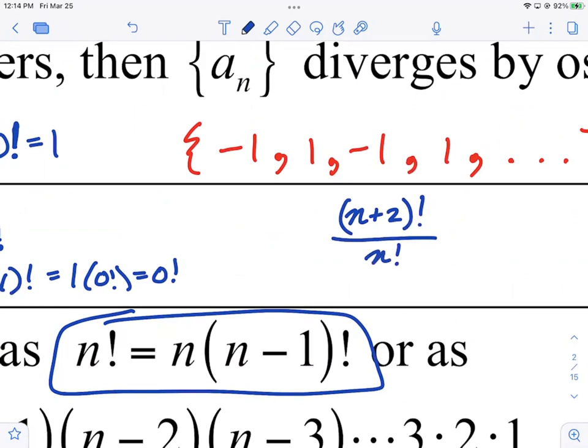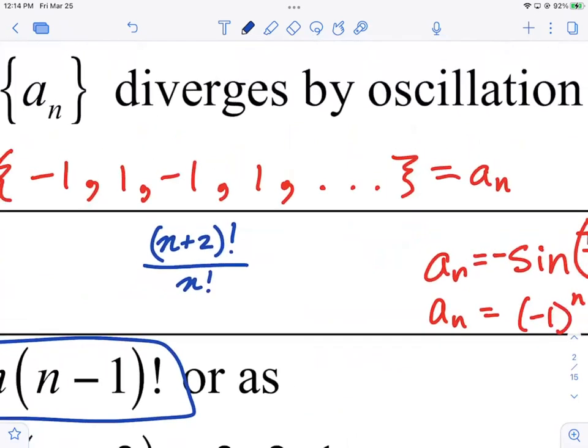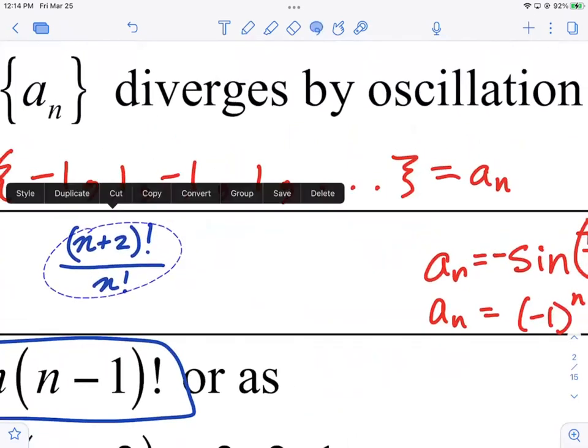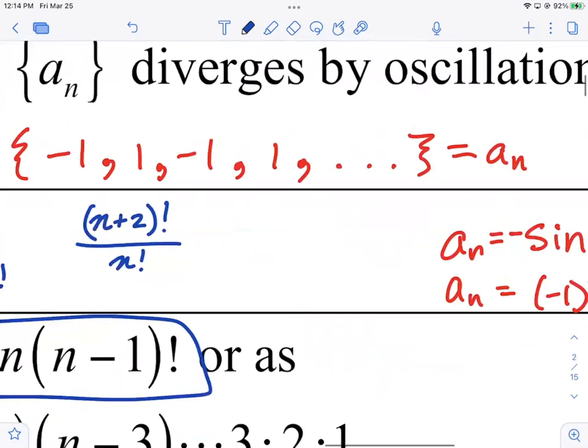The way we do this is we start with the larger of the two, which is the numerator. n plus 2 is bigger than n when n is a natural number. And we write it recursively. (n plus 2) factorial is n plus 2 times n plus 1 times n times (n minus 1) factorial, but I'm going to stop right there.